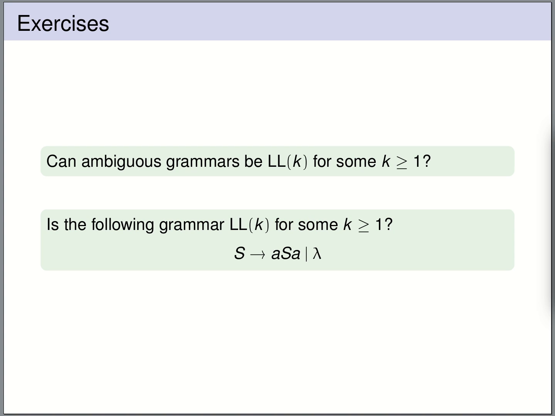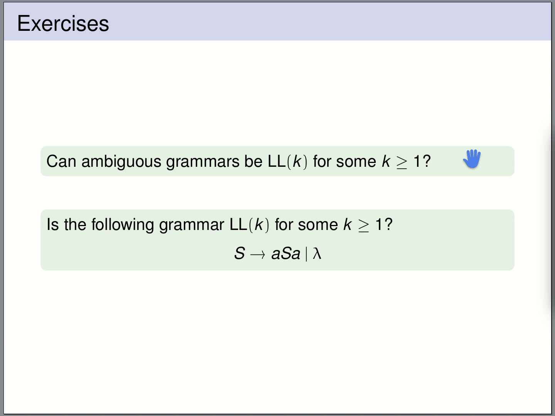Let's do two simple exercises. The first exercise asks, can ambiguous grammars be LLK for some k? And the obvious answer is no. If you have an ambiguous grammar, that means that you have some input word that has two derivation trees.